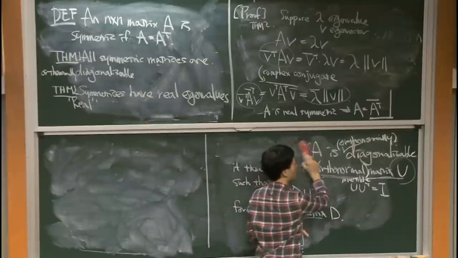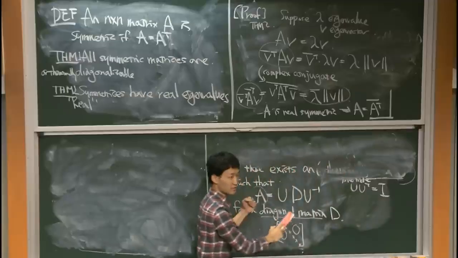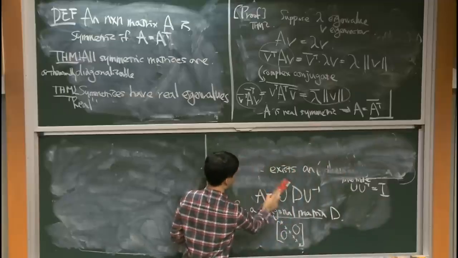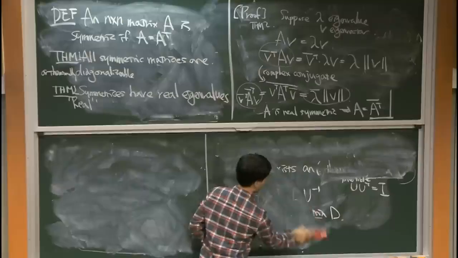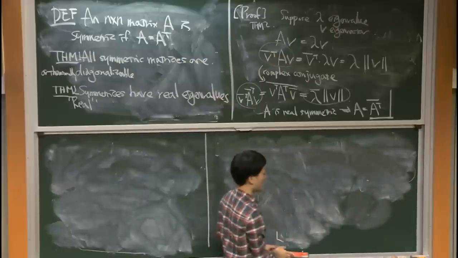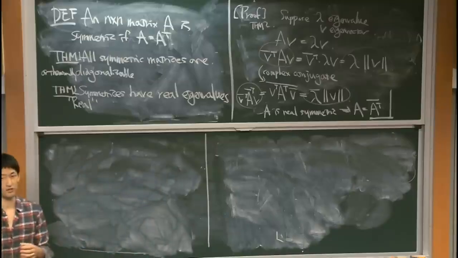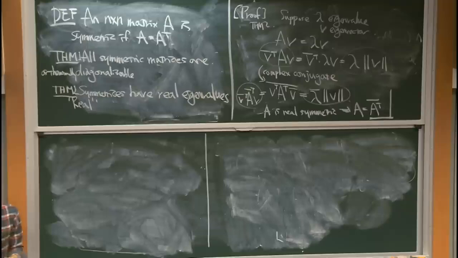Whenever you see a symmetric matrix, you should feel like you have control on it, because you can diagonalize it. And moreover, all eigenvalues are real. Okay, that's good.